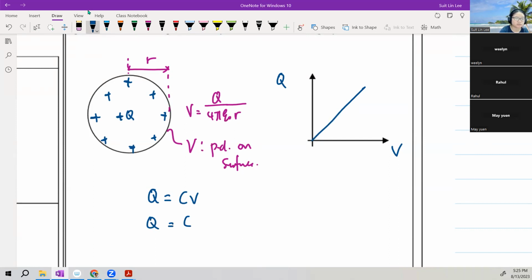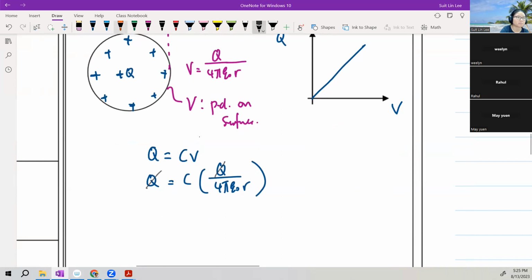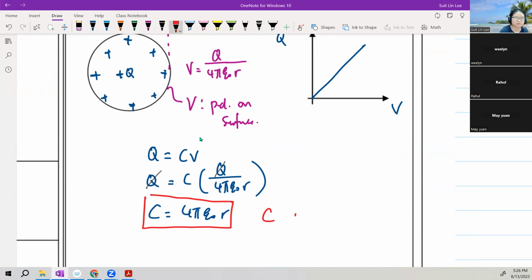Q is equal to C times Q over 4 pi epsilon naught R. I can cancel the Q. So finally, the capacitance is equal to 4 pi epsilon naught R. Capacitance is proportional to the radius. This is for a charged sphere.